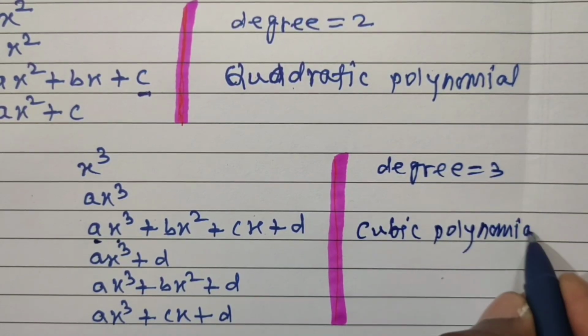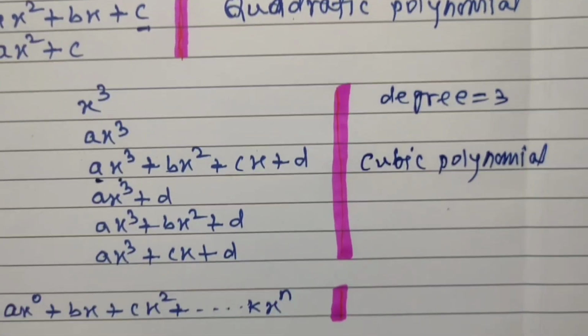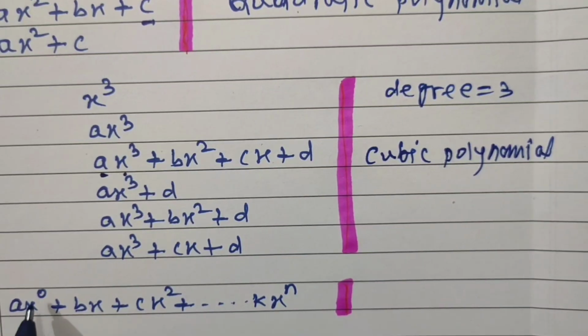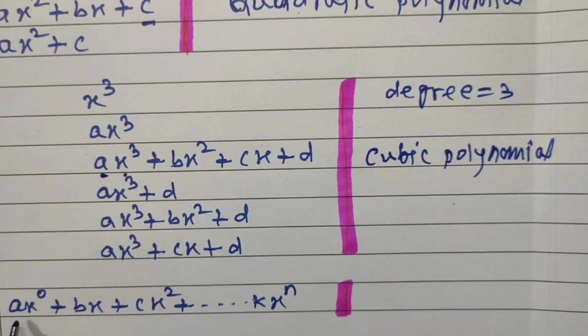polynomial. Now another example is like this: a x to the power 0 plus bx plus cx square plus and so on, k into x to the power n, suppose. Here power of x is 0, so degree of this term is 0. Degree of this term is 1 because power of x is 1.